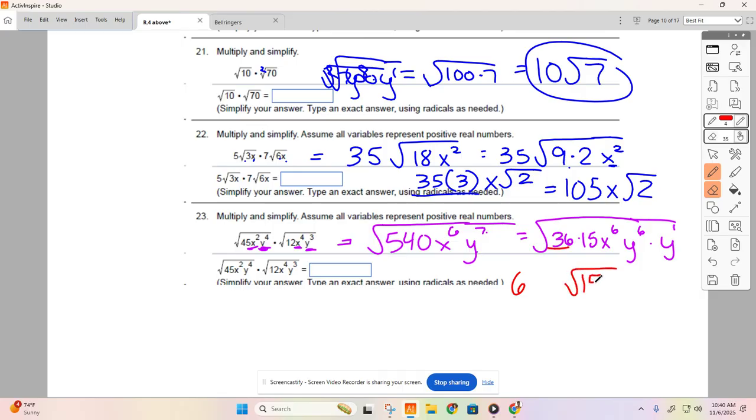I still have a 15 inside. The square root of x to the 6th: what you're basically thinking about is 6 divided by 2 because this is a square root. It'll be 3, so I bring out x cubed. Same with the y. If I divide this by 2, I bring out a y cubed. One y goes inside. I still have a y left inside.